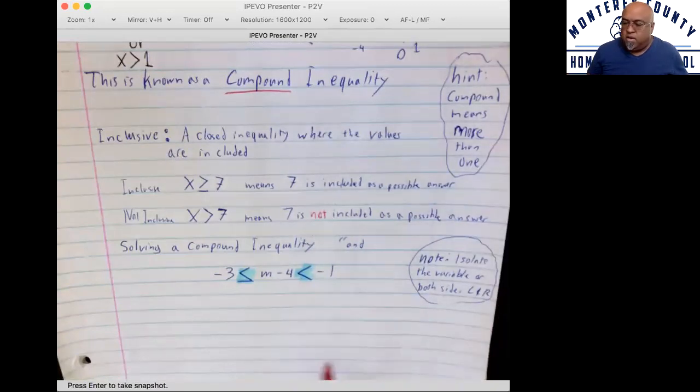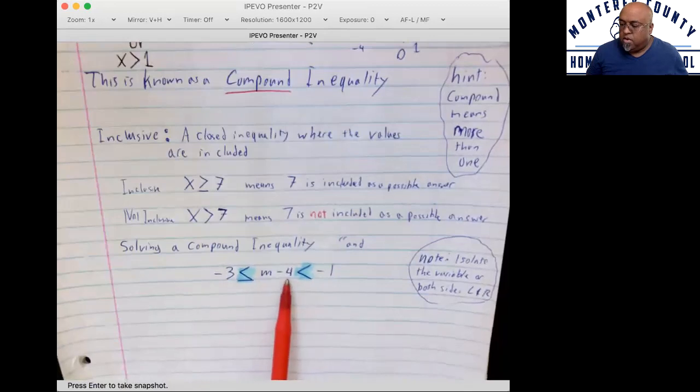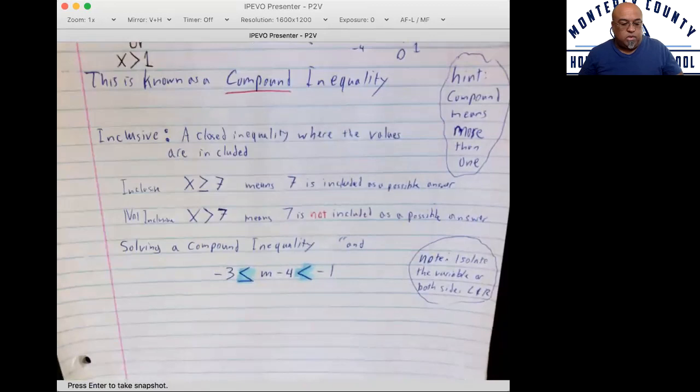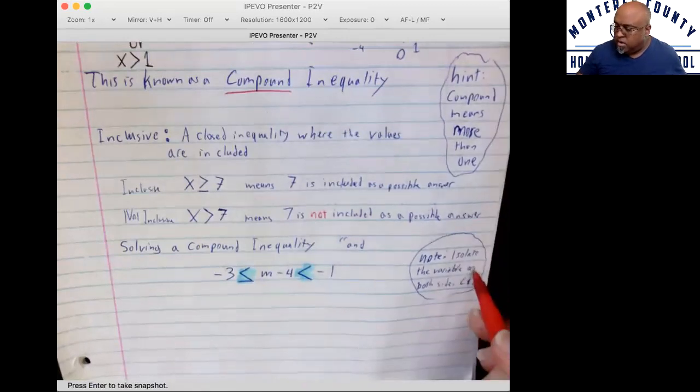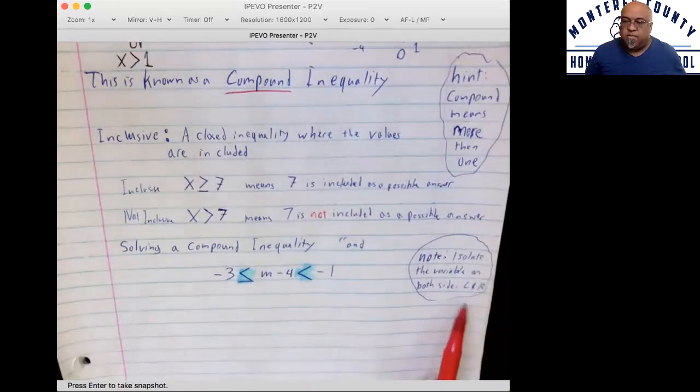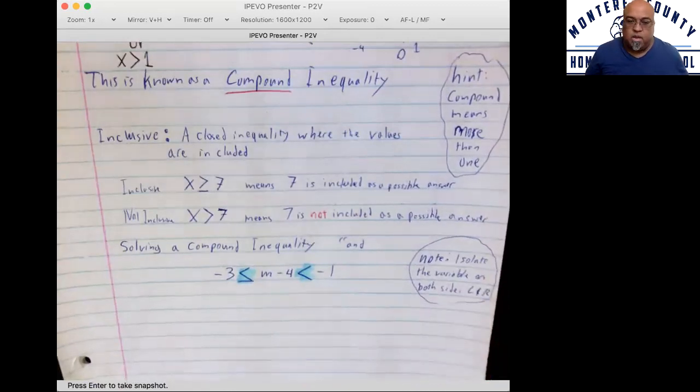So, it is -3 is less than or equal to m minus 4, which is less than -1. Don't be alarmed, okay? Now, note here it says to isolate the variable on both sides, left and right.